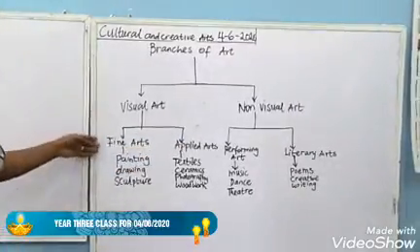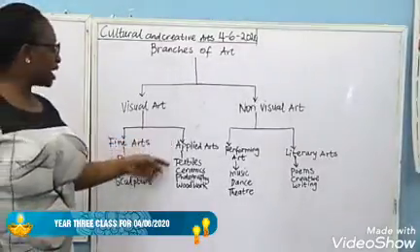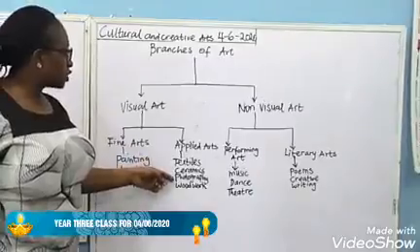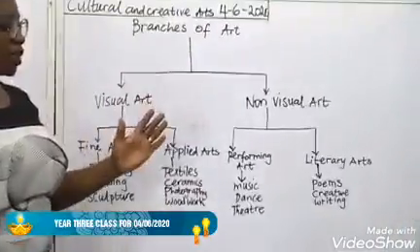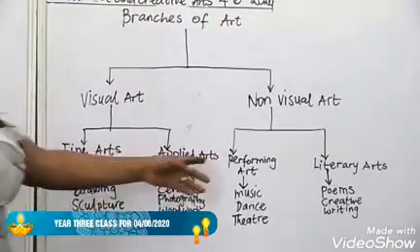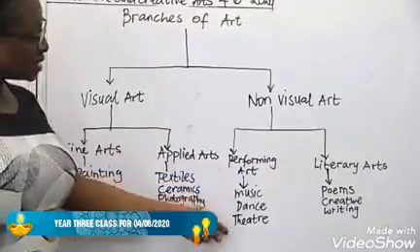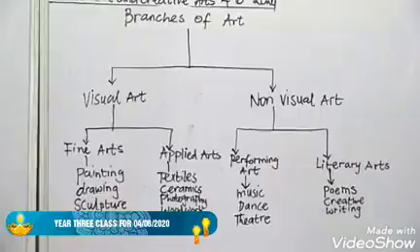And under fine arts, we said we have painting, drawing, and sculptures. Under applied arts, we have textiles, ceramics, photography, and woodwork. Under the non-visual arts, we have two main branches too. We have the performing arts and the literary arts. Under performing arts, we have music, dance, and theater. While under the literary arts, we have poem and creative writing.